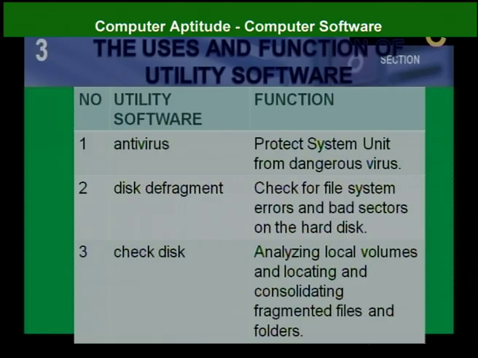Check disk analyzes local volumes and consolidates fragmented files and folders. So those are a few utility software, like antivirus, disk defragmentation, and checking the disks. Those software are used to maintain some other software, right?